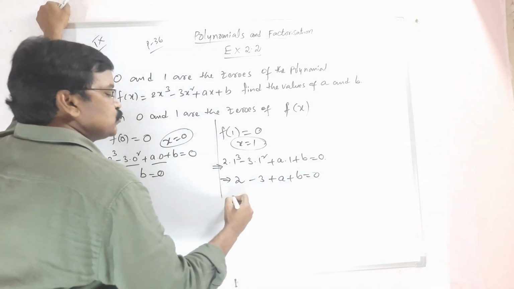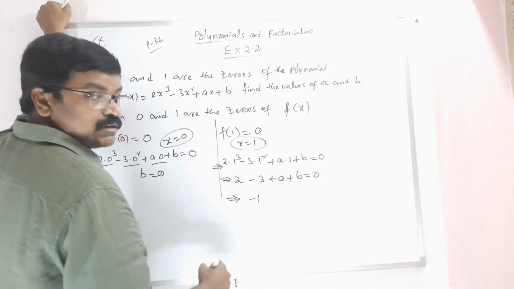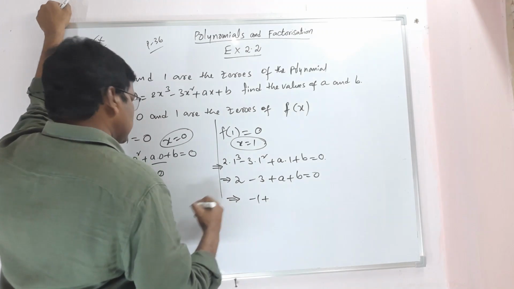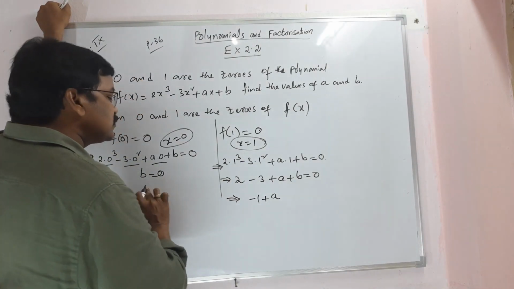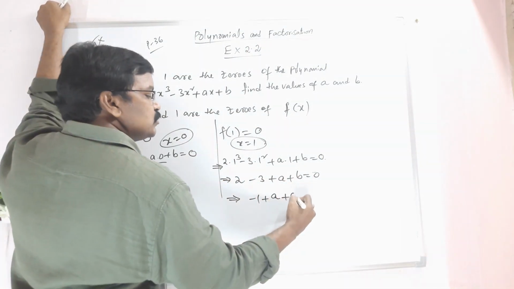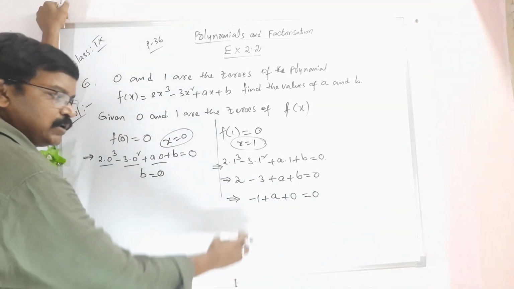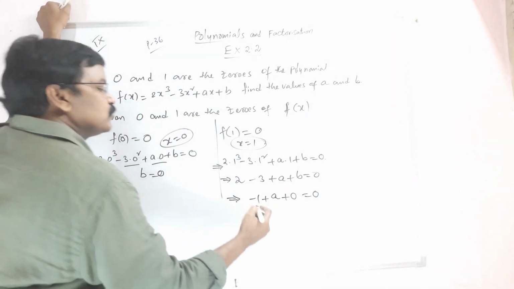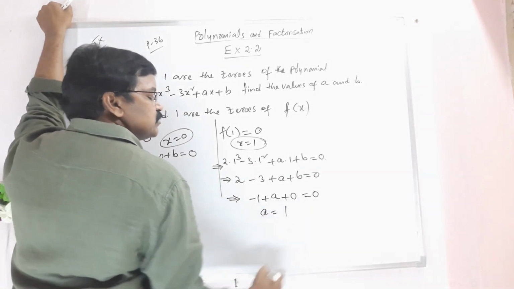What is 2 minus 3, students? Minus 1. Plus a plus b, but b is equal to 0. Substitute here: 2 minus 3 is minus 1, a plus b means 0.